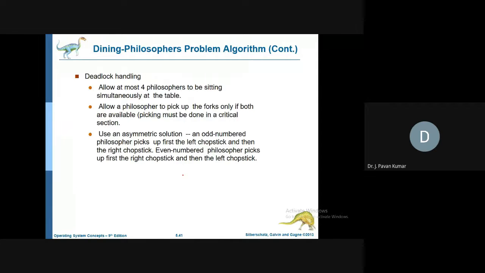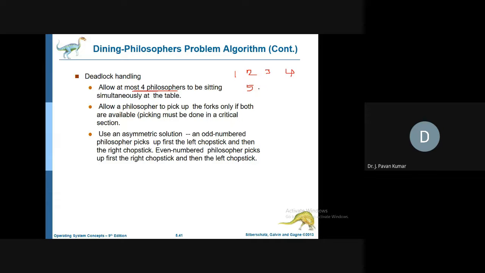Yeah. Next, this particular deadlock can be handled in several ways. We will allow only 4 philosophers to sit around the table, so that we will be having 5 chopsticks. At least one philosopher will be getting 2 chopsticks. So he could complete.